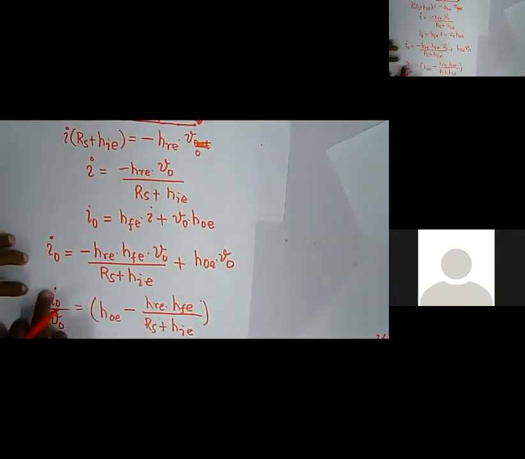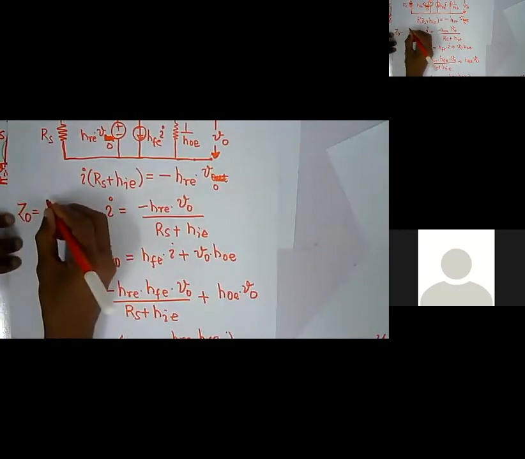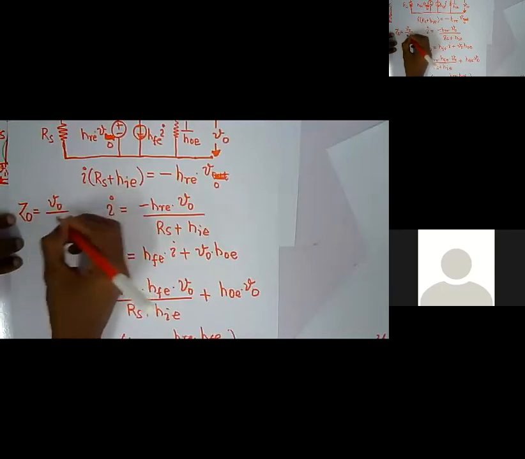My Z out equals VO by IO, and this is IO by VO, so I need to turn this upside down.